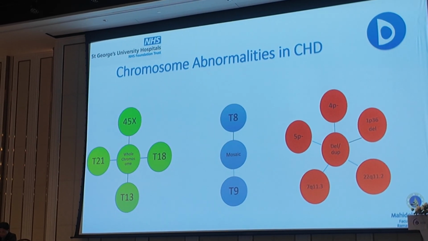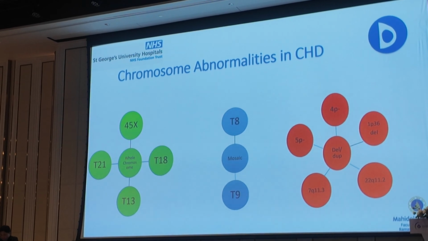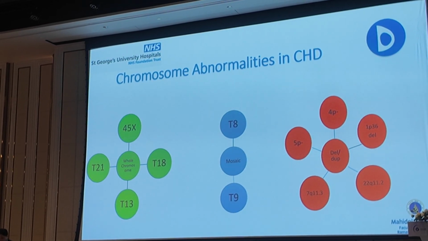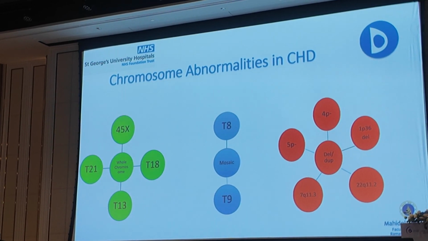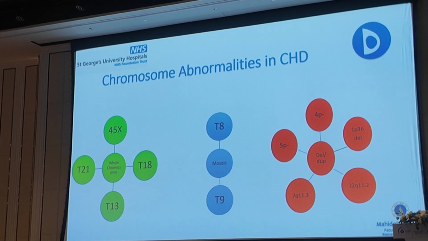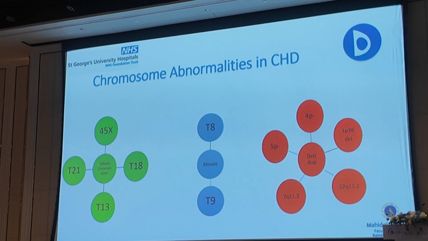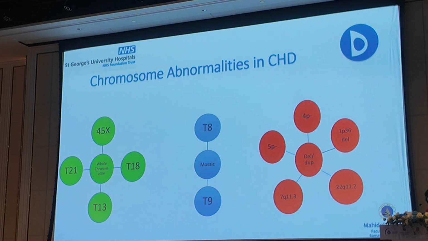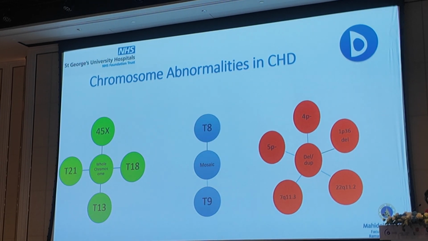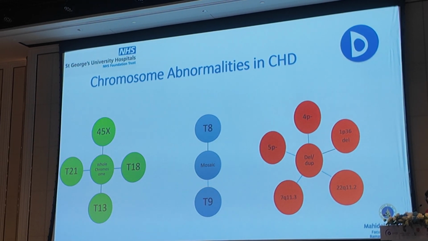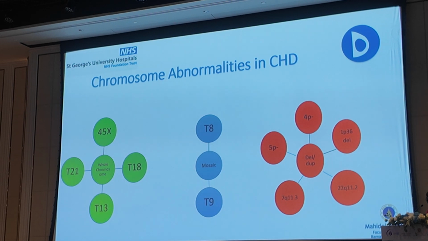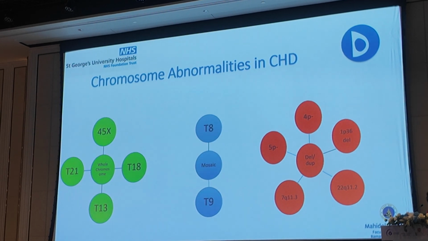You're not going to pick up Williams syndrome normally, that's supravalvular aortic stenosis, and I think we've only picked that up about once antenatally, and we found it, but I'm not sure that we actually found the reason why. And 1p36, again, can have total anomalous pulmonary venous drainage, very severe intellectual disability. So any congenital heart disease, we offer invasive testing with a full array.